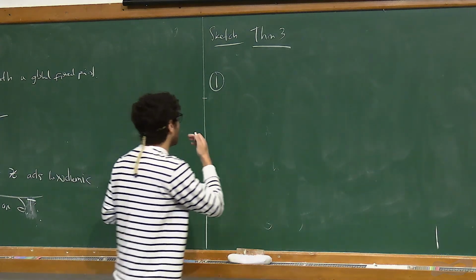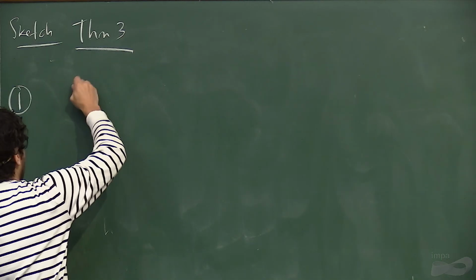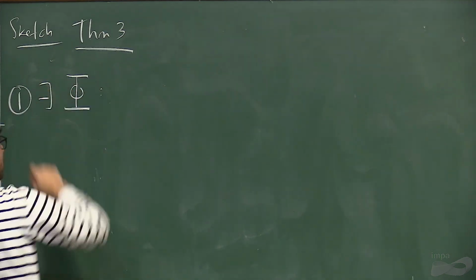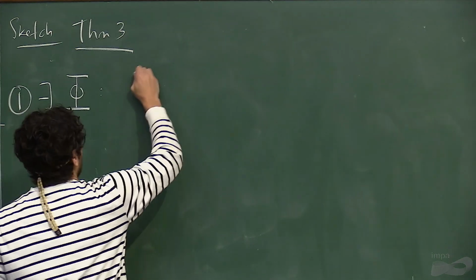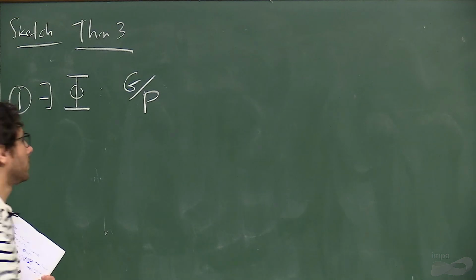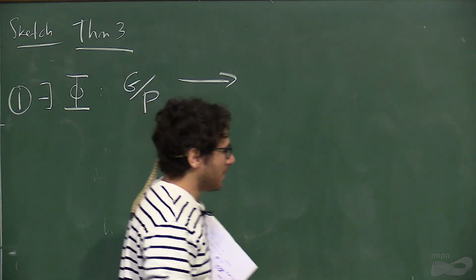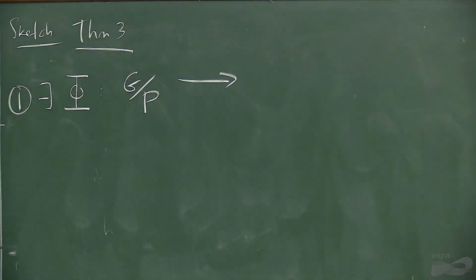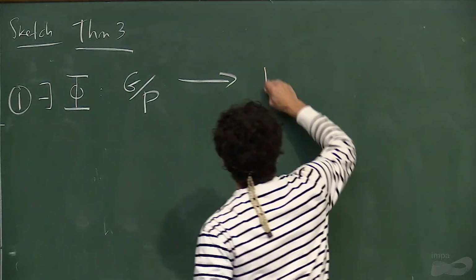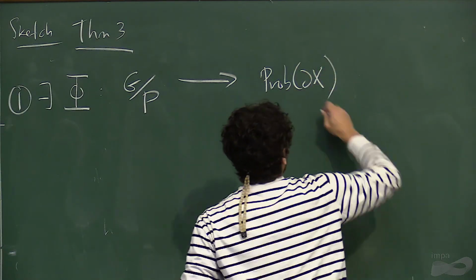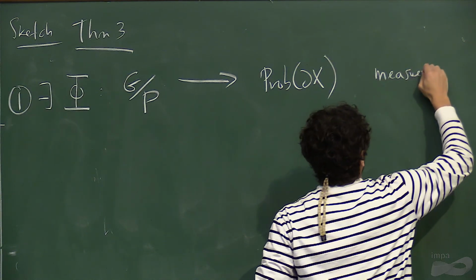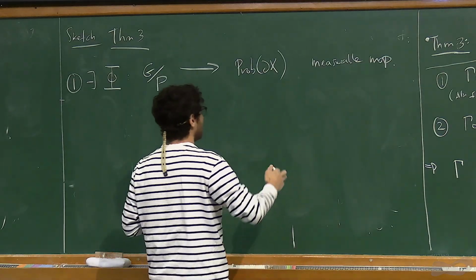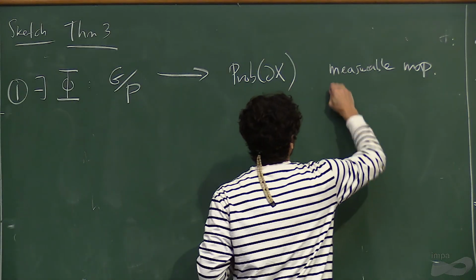So the crucial thing here is that there exists some map Phi from G mod P into the boundary of G. You would like to say into the boundary of X, but not really the boundary of X: you have the probability measure delta X. This is a measurable map, so it might be kind of crazy, and it is gamma equivariant.